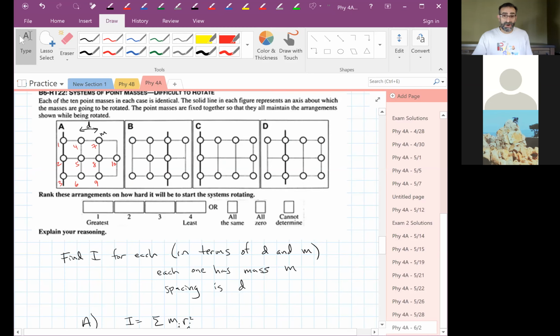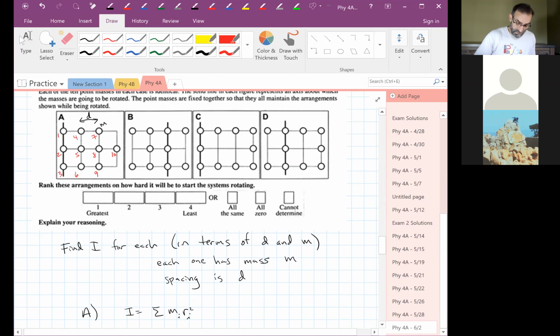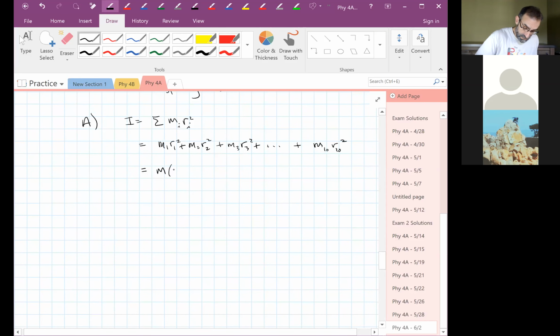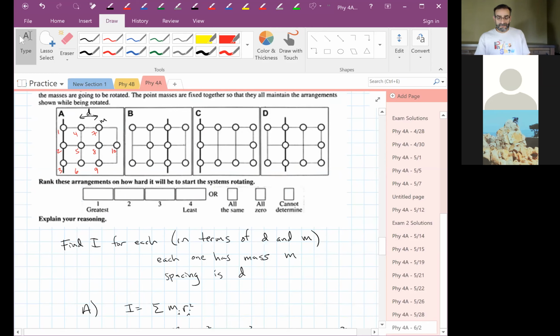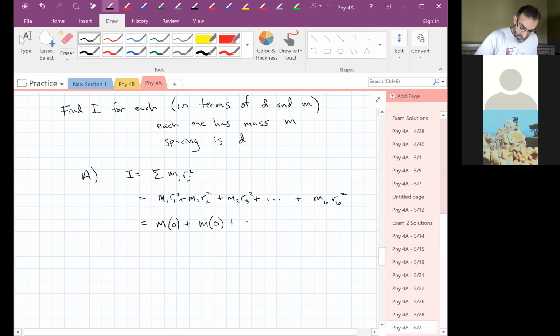It doesn't make it harder to rotate. It doesn't prevent it from rotating, right? It's right at the axis of rotation. It's zero. And m2 is m times zero. And m3, same thing. So this is m1, or I guess I should call it I1.